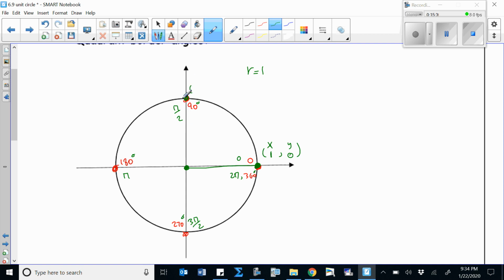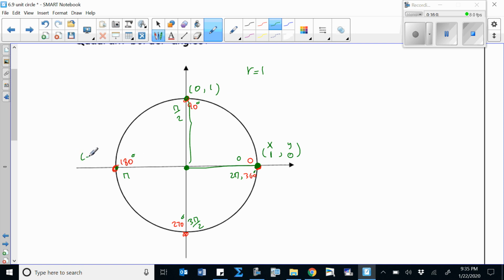Now let's see what is this one. This one, x is 0 because any point on the y-axis has x value of 0, and the y value is 1 because the vertical distance between the point and the origin is actually the radius of this circle. So it's 0 and 1.